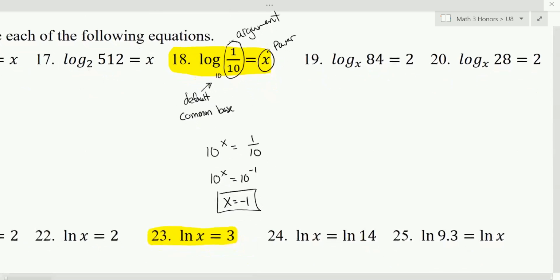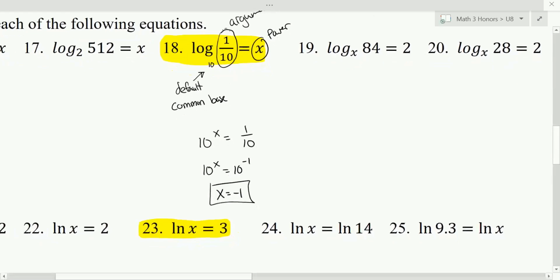Try number 23. Using the same method, solve for x. Change it out of log form into exponential form.